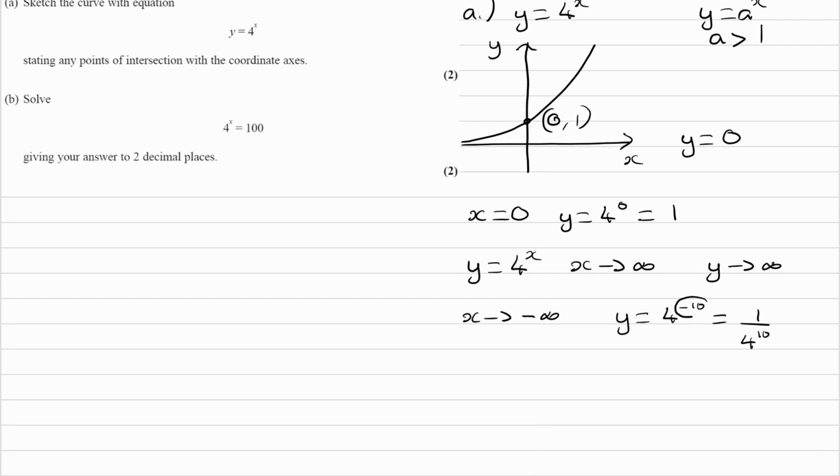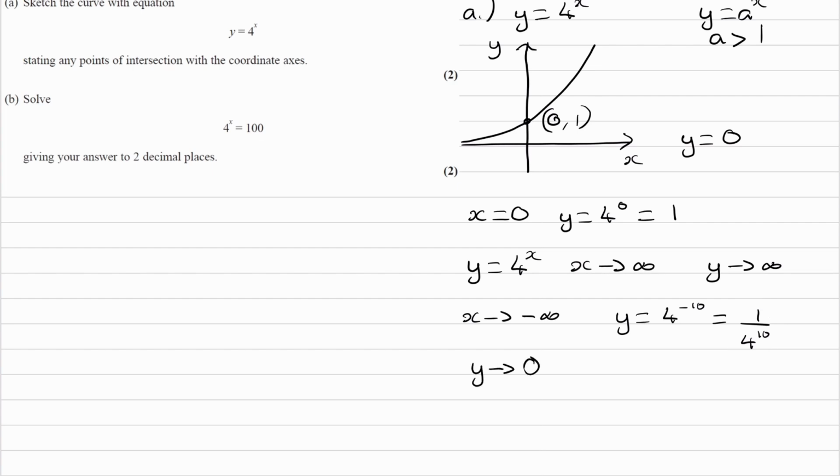So as this minus 10 approaches minus infinity, this 10 here will approach positive infinity, or in other words, the denominator will just get bigger and bigger as x approaches minus infinity. And if your denominator gets bigger and bigger, well then the entire fraction will just approach 0. So y will approach 0.